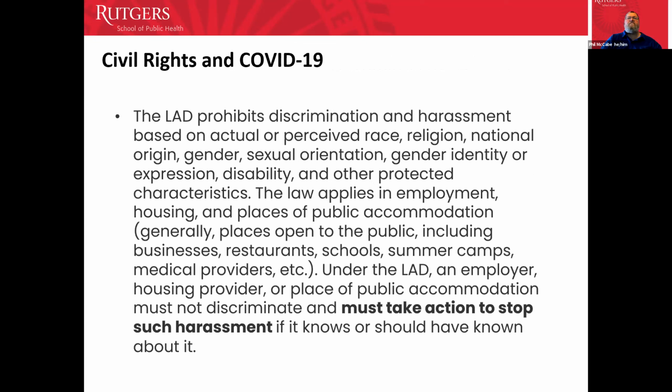The laws apply in employment, housing, and places of public accommodation, generally places open to the public, including businesses, restaurants, schools, summer camps, medical providers, etc. Under the law, an employer, housing provider, or place of accommodation must not discriminate and must take action to stop such harassment if it is known or should have been known.